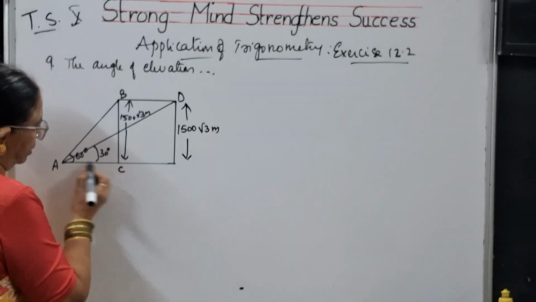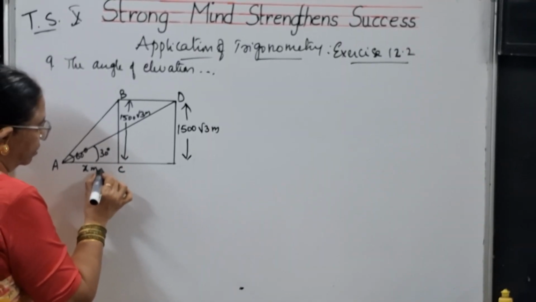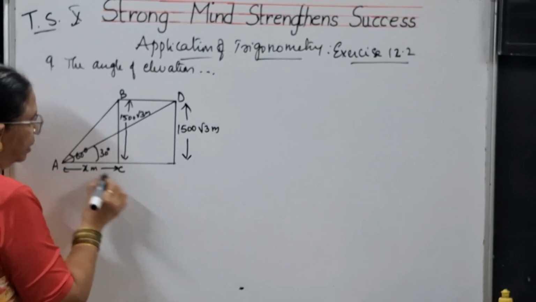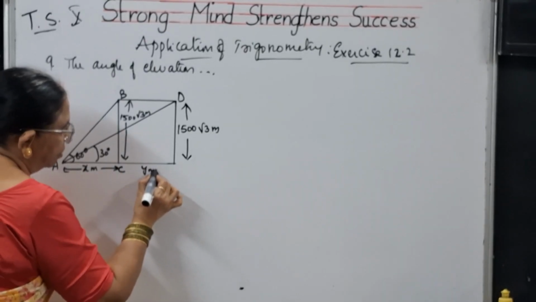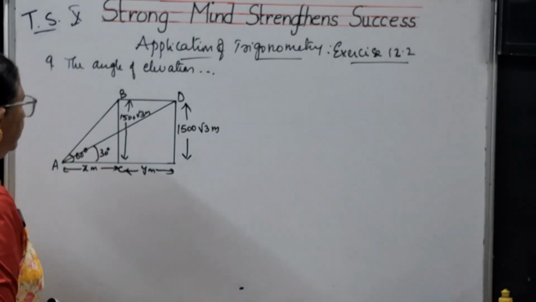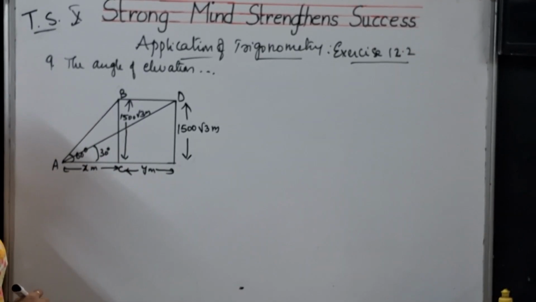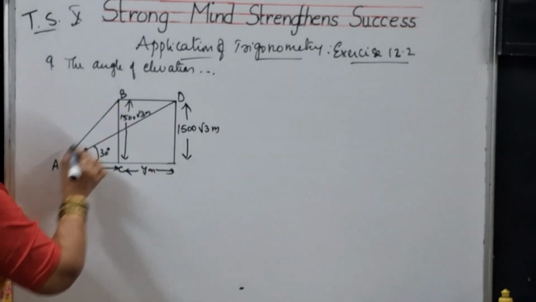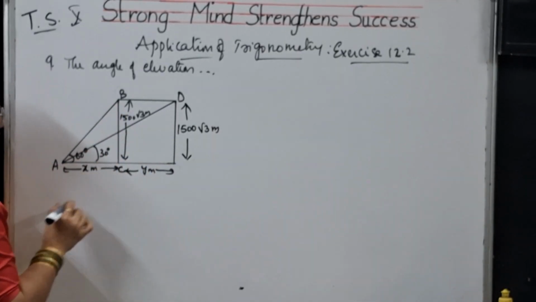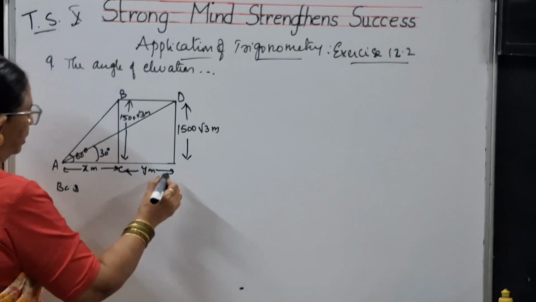So let us consider this distance as x meters, and this distance as y meters. Now first, let me write BC and DE.